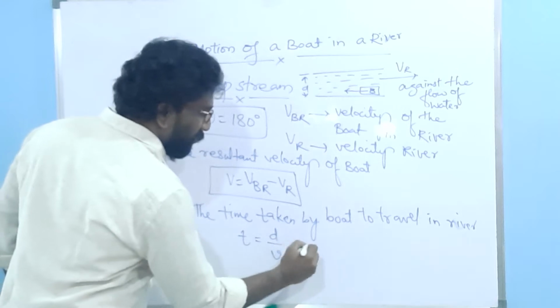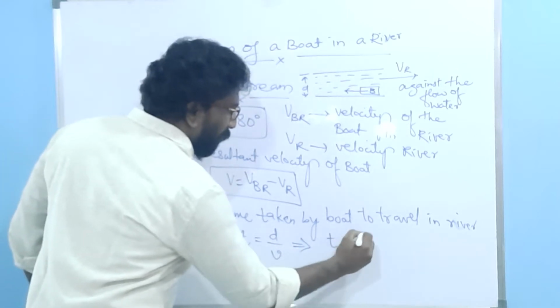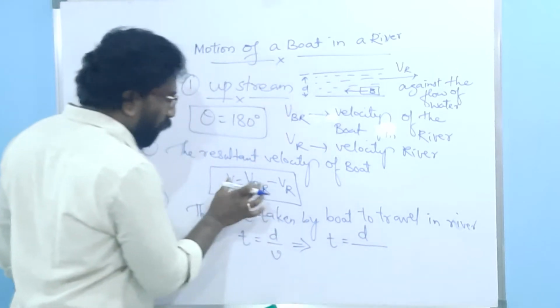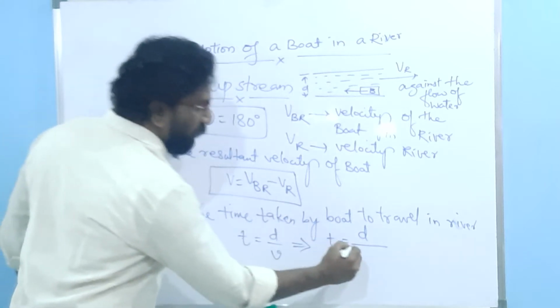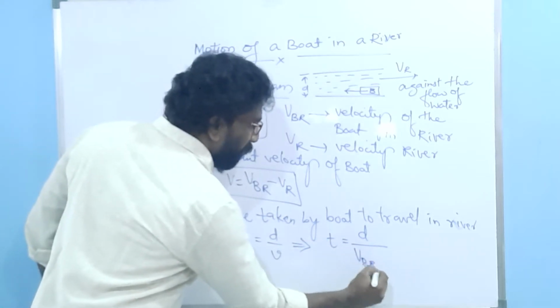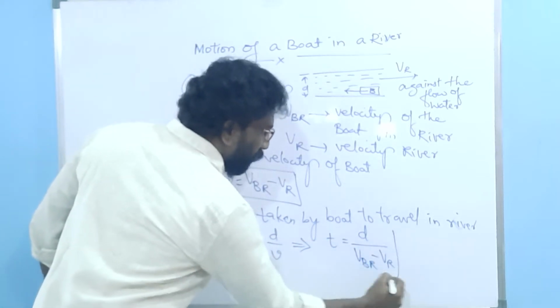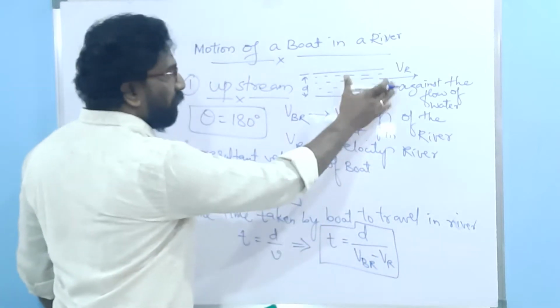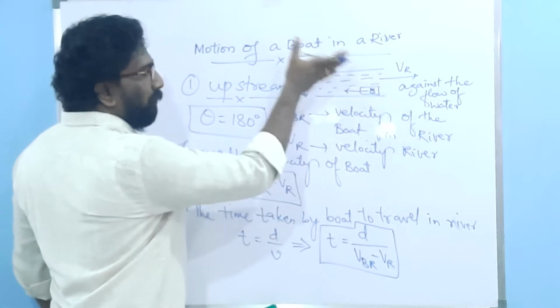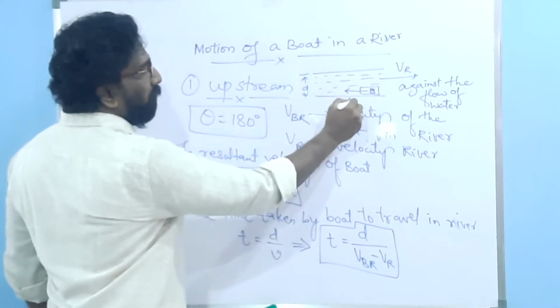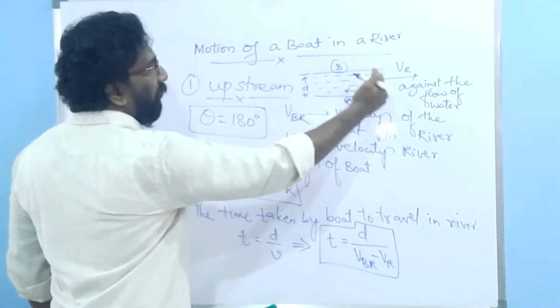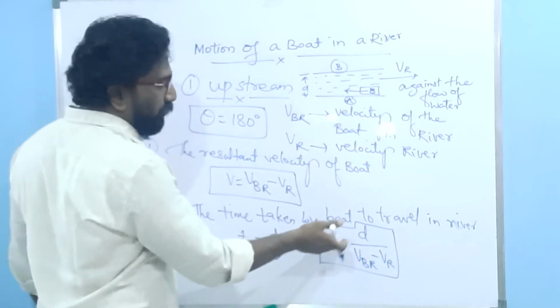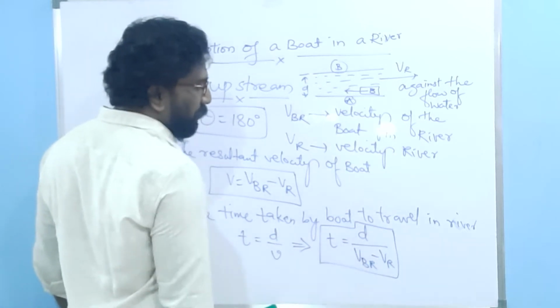So the time taken will be D over V. What is V? V is the resultant velocity, so it becomes VBR minus VR. So this will be the amount of time taken by the boat to travel from bank A to bank B against the flow of water. So T is equal to D over VBR minus VR.